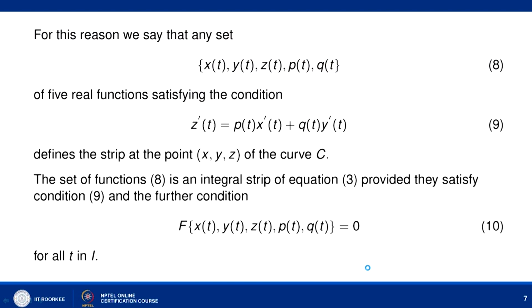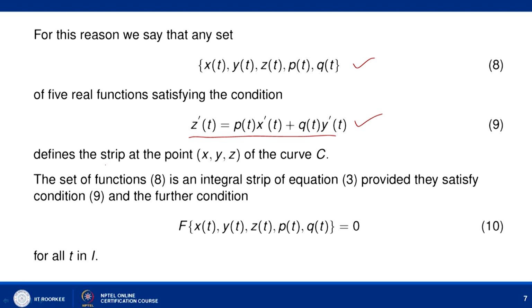Okay. So, for this reason we say that any set x(t), y(t), z(t), p(t), q(t) of 5 real functions satisfying the condition z dash t equal to p(t) x dash t plus q(t) y dash t defines a kind of strip.